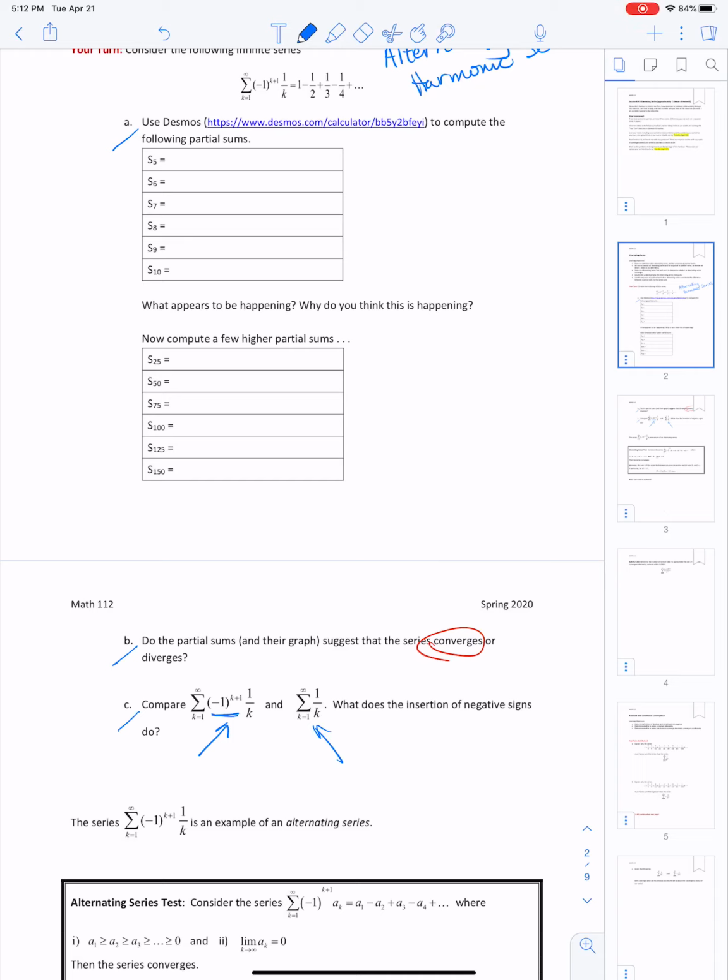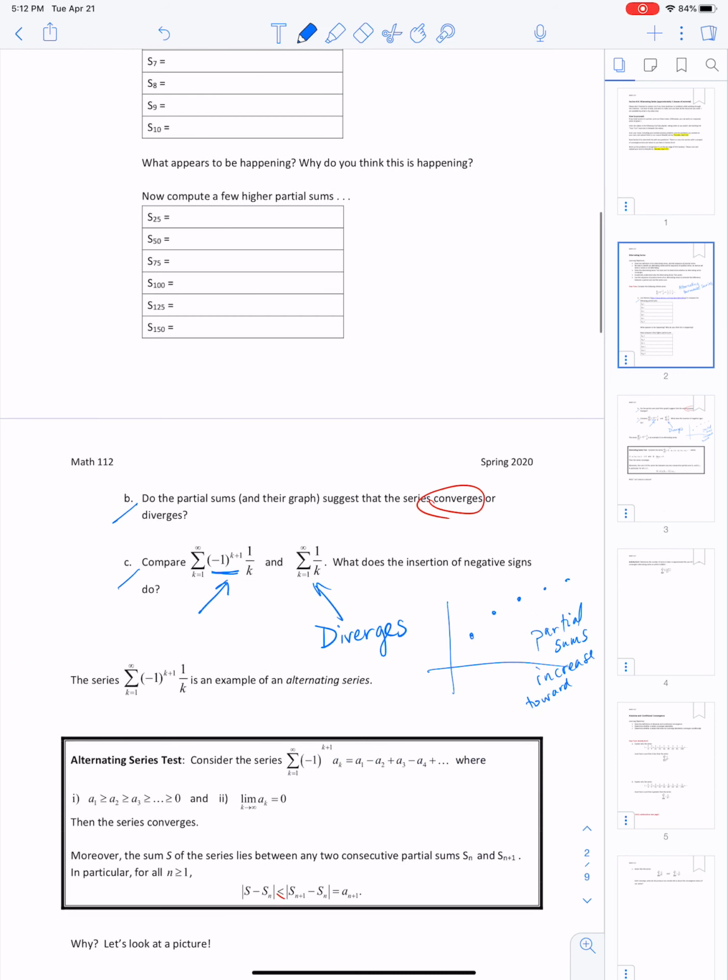But in the case of the harmonic series without the minus signs, the series diverges, so it does not converge. We saw there the partial sums just kept increasing for the harmonic series.